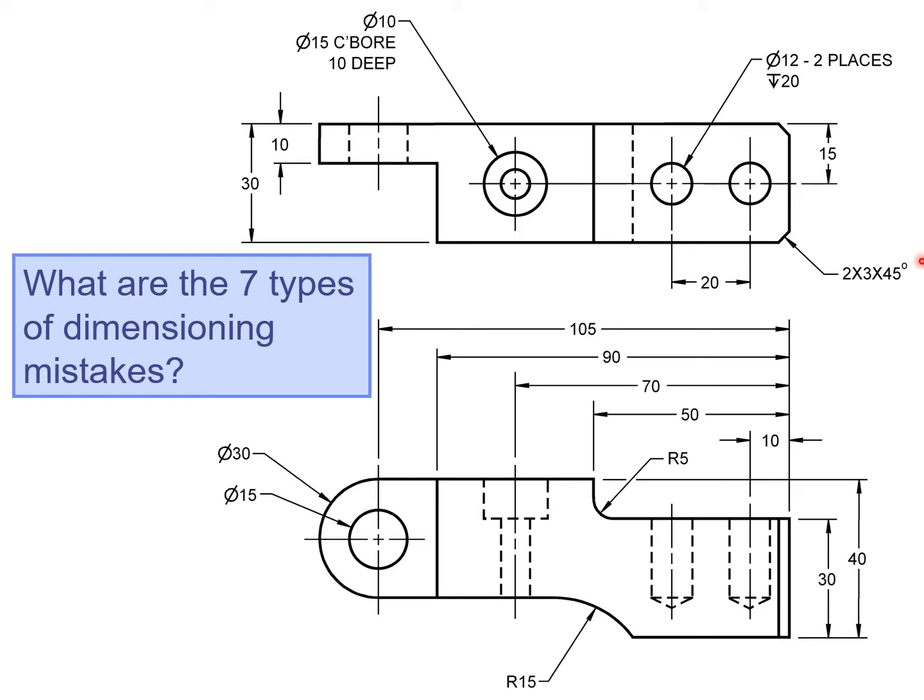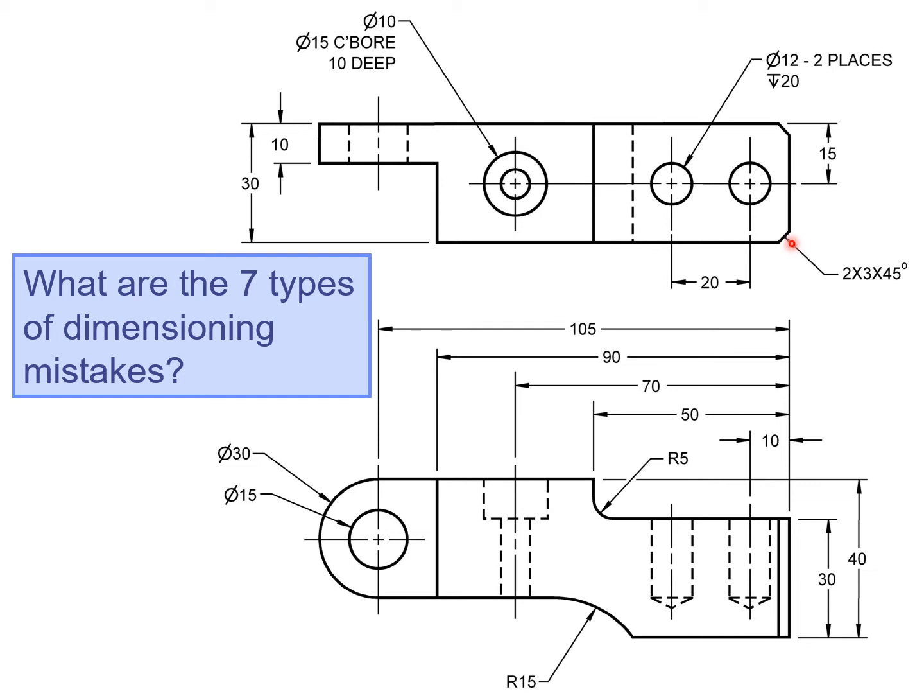Another mistake is we're missing spaces here. The 2x with no space tells us that there are 2 chamfers. Then we should have space 3 space x space 45 degrees, so that tells us it's 3 by 45.